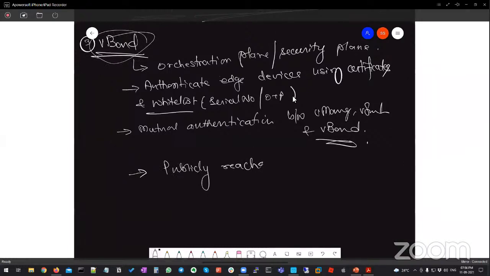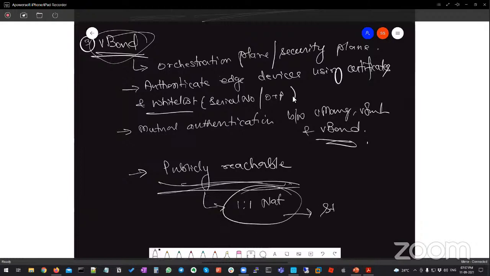Because for authentication to the vBond, if your devices are connecting over the internet, how will they do it otherwise? So it needs to be publicly reachable. You can either provide a public IP to the vBond, or if you are not providing a public IP, then you need to do one-to-one NAT, which is also known as static NAT. Dynamic NAT or PAT will not be supported. You need to do static NAT for it.